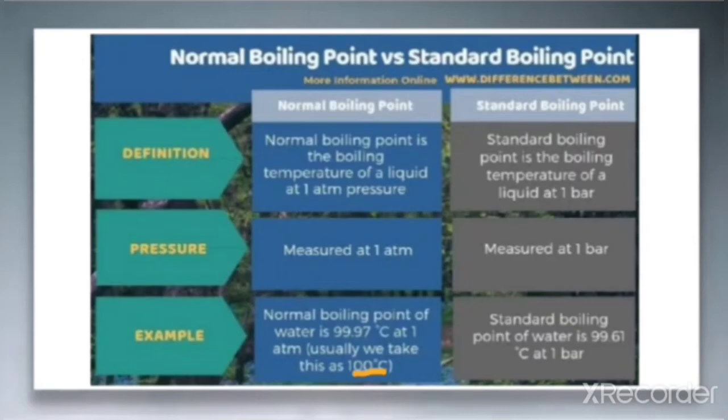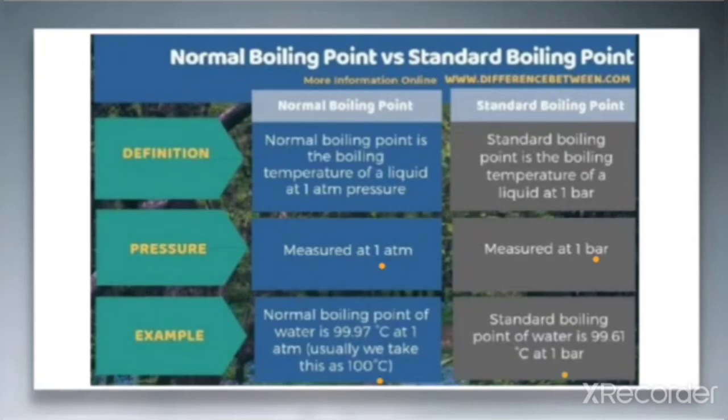But what is the standard boiling point for water? That is 99.6 degrees Celsius. So there is a small difference, because here the external pressure is 1 atm and here it is 1 bar. So definitely the two boiling points are different.